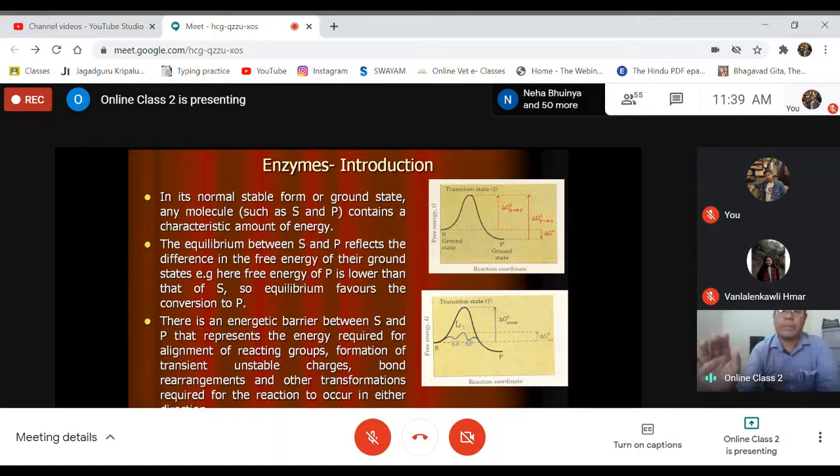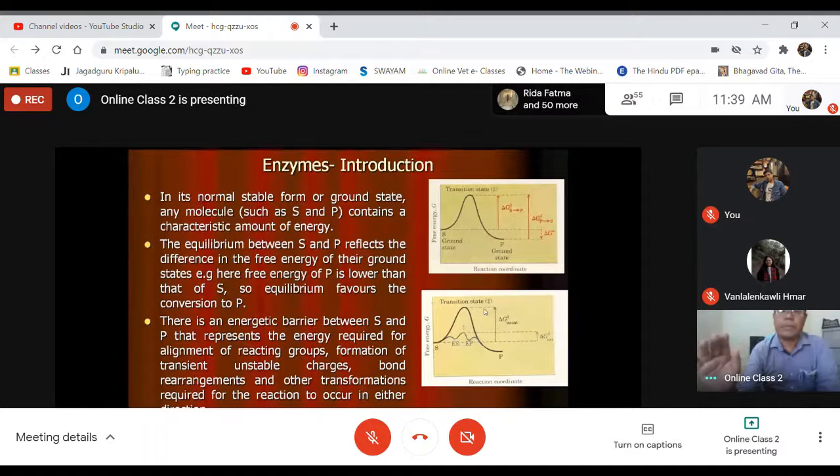Just see the lower graph. Here, when the substrate combines with the enzyme, it forms the enzyme substrate complex, then the enzyme product complex, then the P. So here this is the energy level of the enzyme substrate complex and the enzyme product complex. And the above line is the energy level of the transition state.